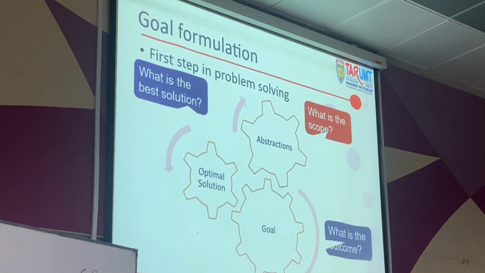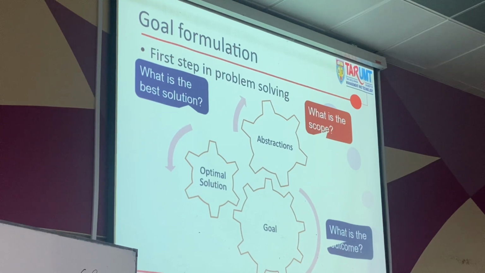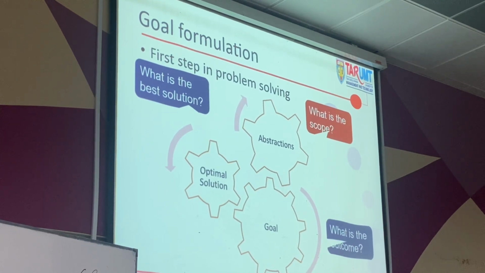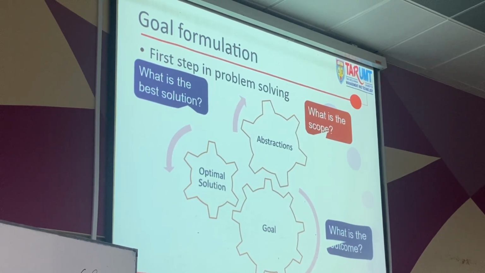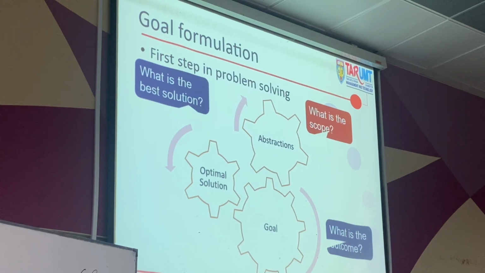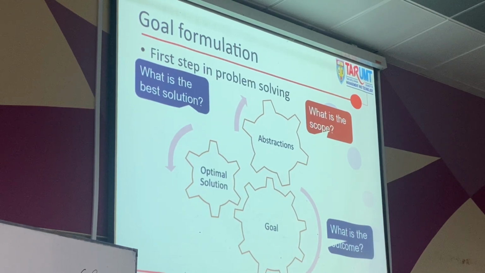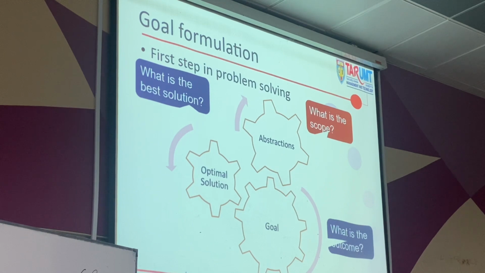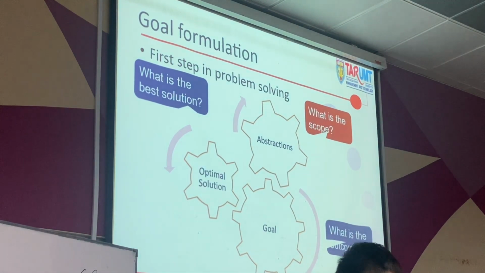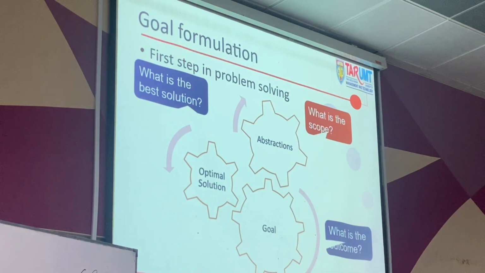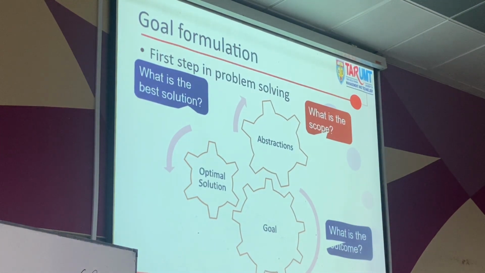Okay, so I repeat again. What are the abstractions? It is the scope. You have to define the scope: what is the unwanted or unnecessary information that you can remove, so that your strategy can fully focus on the search. For example, your optimal solution is to reach KLCC from UMT in the least distance. Okay, distance. So what is the abstraction?